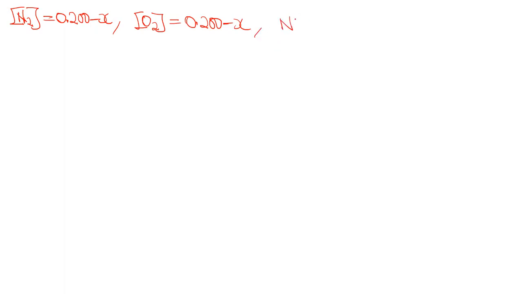So if we go back to our equation and our concentration, we said that the concentration of nitrogen was 0.200 minus X. The concentration of oxygen was also 0.200 minus X. And the concentration of nitrogen monoxide was 2x.